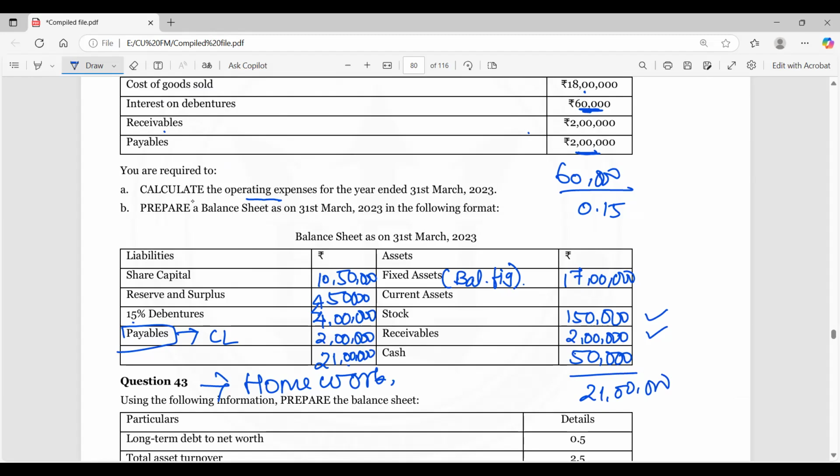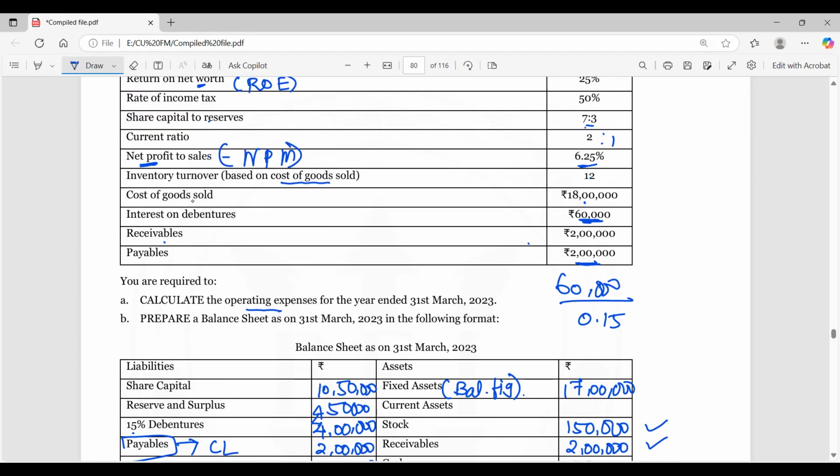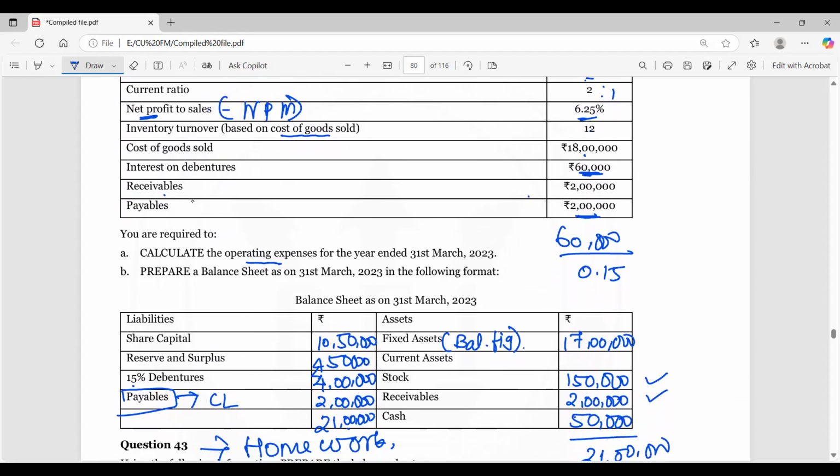Here also 21 lakh total. What is your question? How 13 lakhs? That is a balancing figure. From where you are getting 13 lakhs? Oh, you're asking what about this current asset? This current asset is nothing but this plus this plus this. Got it?